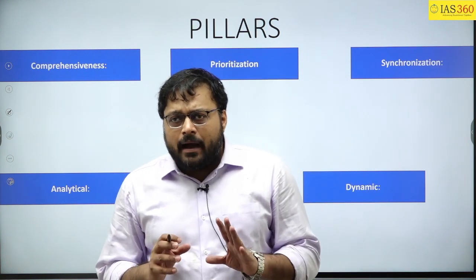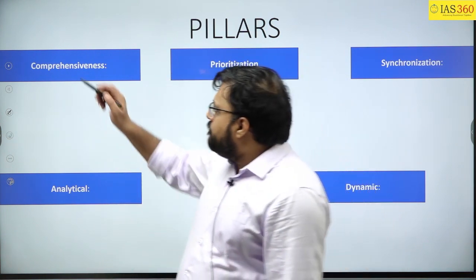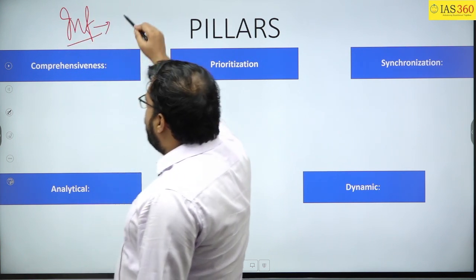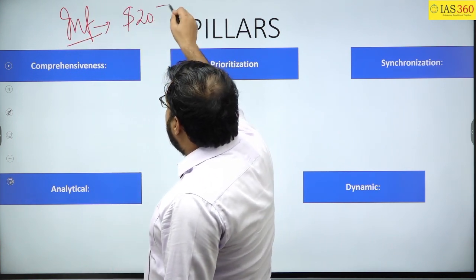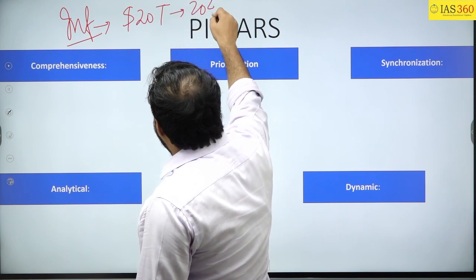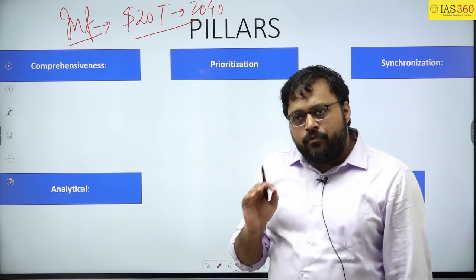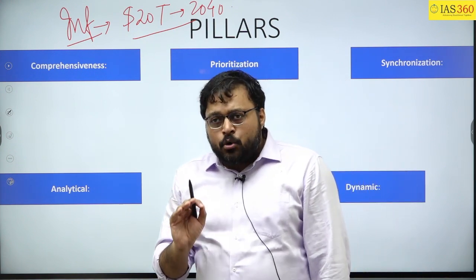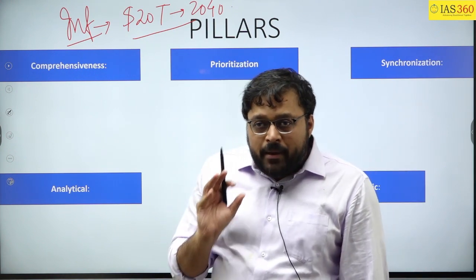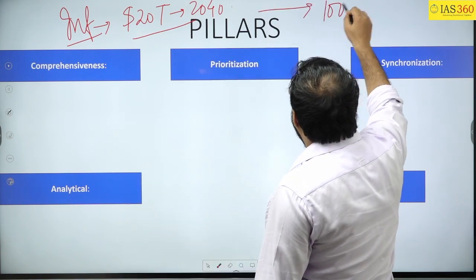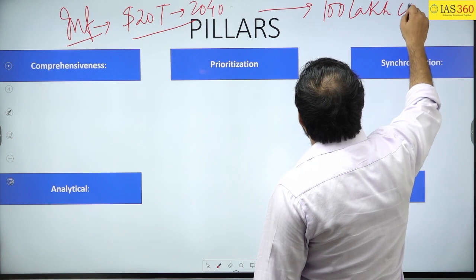But before that, I just want to say that infrastructure is crucial if we want to achieve a 20 trillion economy by 2040. Then we need to focus upon infrastructure. And in this context, the PM Gati Shakti plan is basically a 100 lakh crore project.